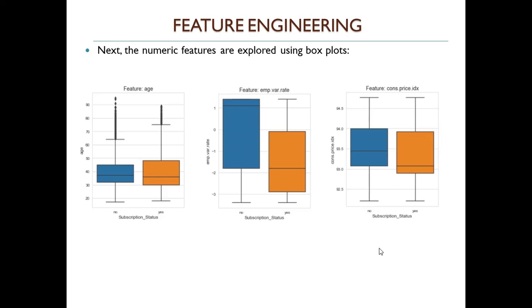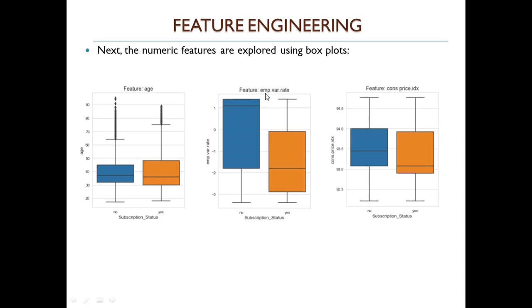Next, the numeric features are explored using box plots. These also give an indication of the information content of the features. For the age feature, the first feature over here, you see that there's a very good overlap between the box plots of the target label, the yes class and the no class, relative to the age feature. That means the information content is not so great.